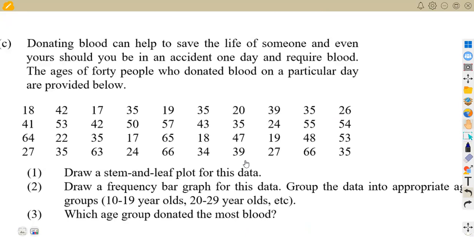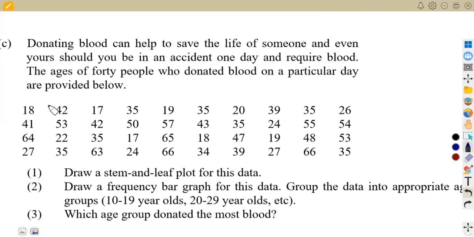Please just forgive me. So we are given: donating blood can help to save the life of someone, which is very, very true, even yours, even mine, should you be in an accident one day and require blood. Some circumstances like that might happen. The ages of 40 people who donated blood on a particular day are provided below.